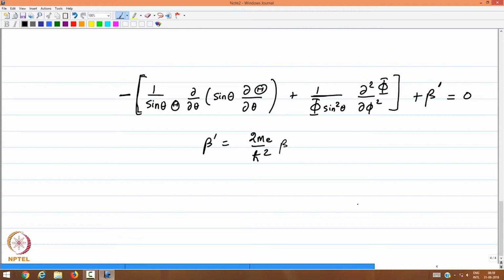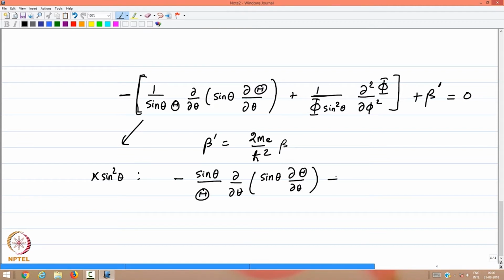Now, if you multiply the whole thing by sin squared theta, you can see that this separates further into theta and phi as two different parts. So, what you have is minus sin theta by capital theta dou by dou theta of sin theta dou capital theta by dou theta, minus beta prime sin squared theta.